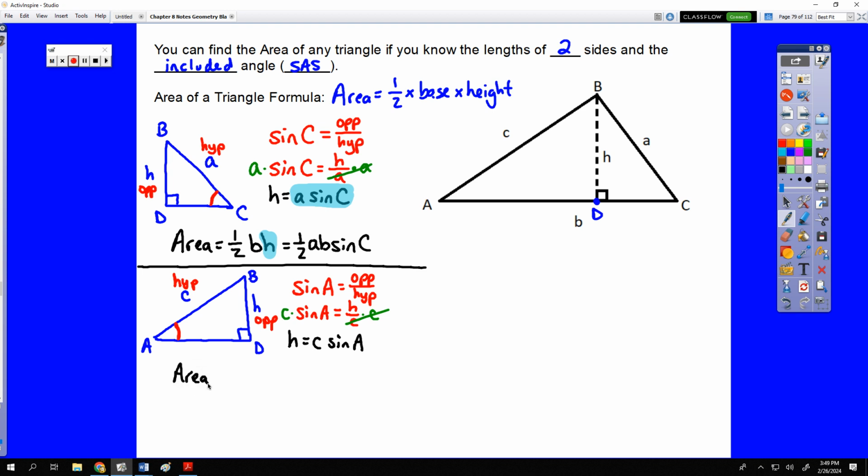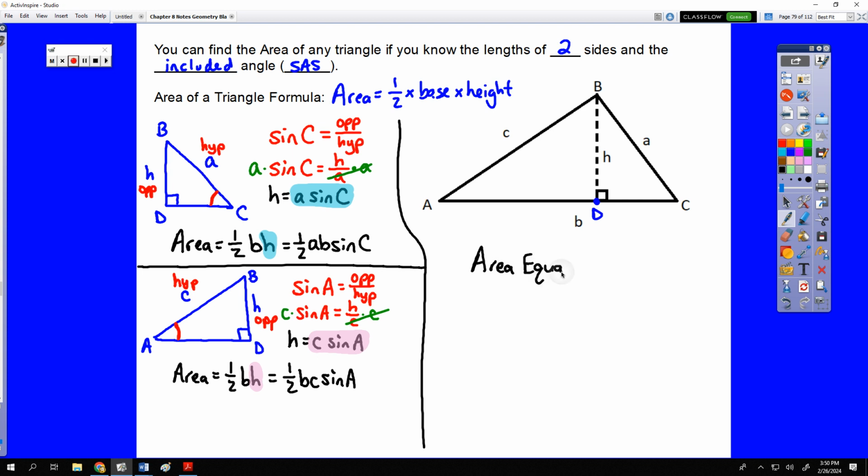Now, again, that means that if we take our original area equation, 1/2 base times height, and we realize that the height is written as C sine A, that means we can substitute C sine A in for H, which would give us another equation, 1/2 BC times the sine of angle A, which again is two side lengths, B and C, and the included angle A. Now it is a little bit of a stretch, but I'm hoping that you're willing to accept that I could have just as easily done this with one of the other altitudes and angle B, and make you realize that there are three area equations for a triangle when we are given side angle side information.